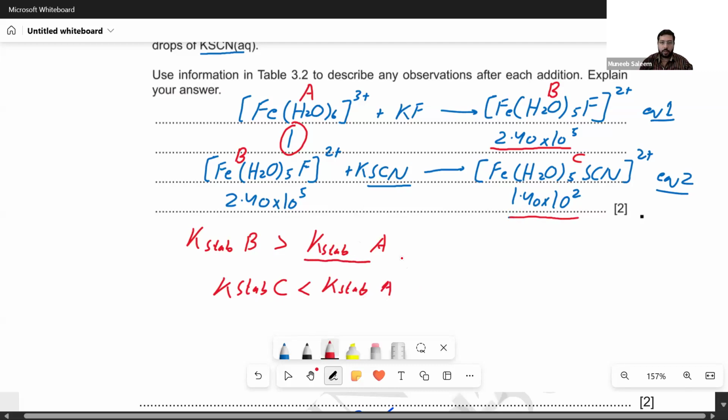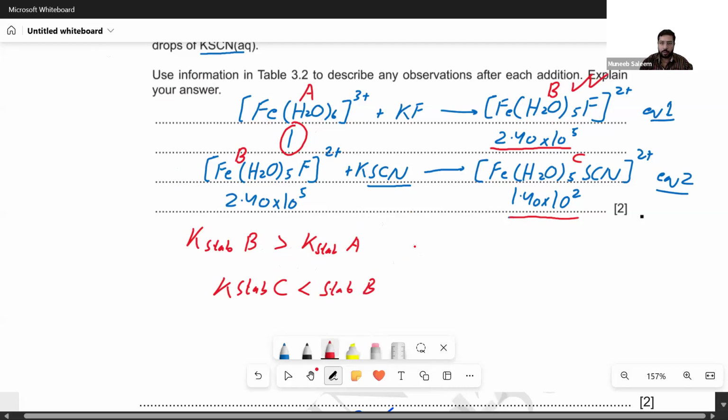So the only complex that will remain in the mixture will be complex A, which is, sorry, not A. Small mistake here. The K stab of B was higher than the K stab of A, and the K stab of C was smaller than the K stab of B. In both cases, complex B will be preferably produced as compared to both complexes A and C, because B has the highest value.